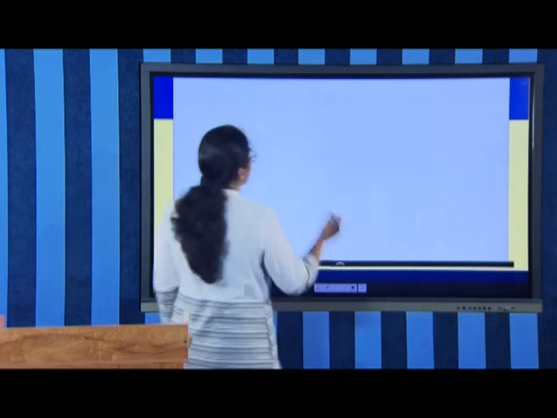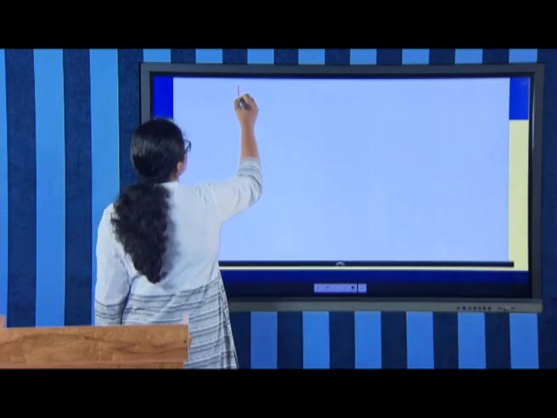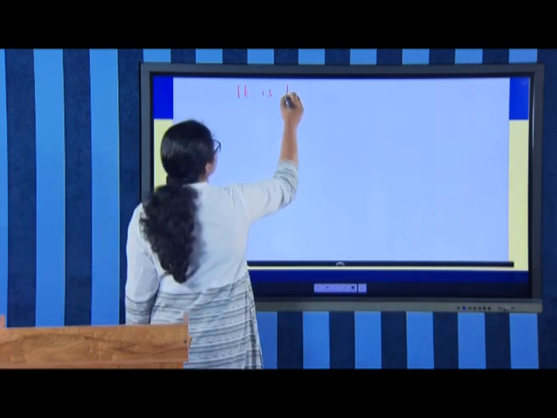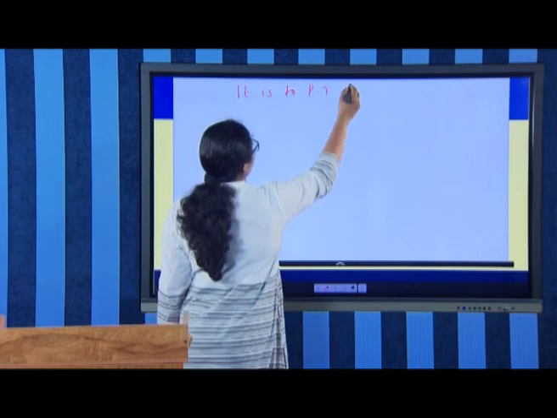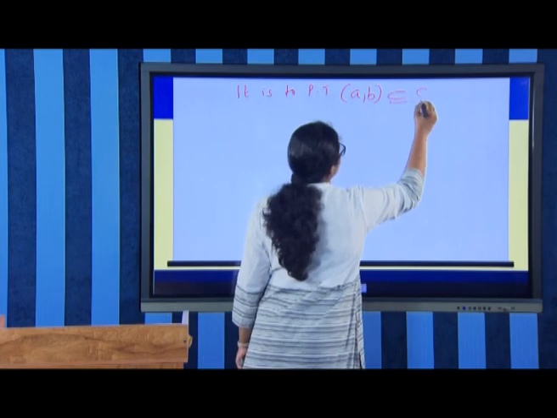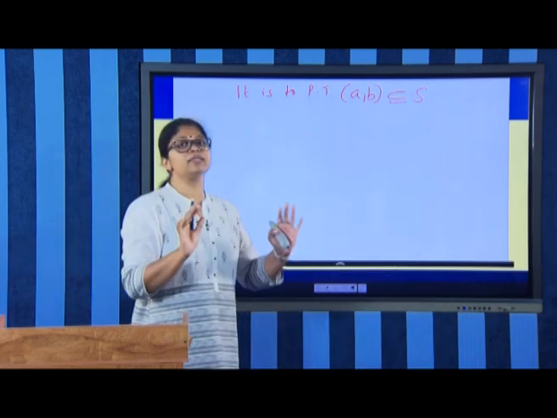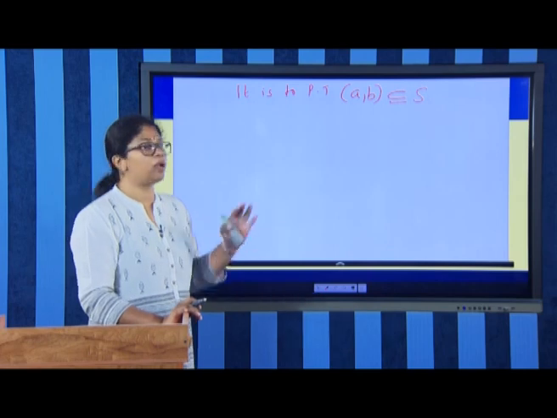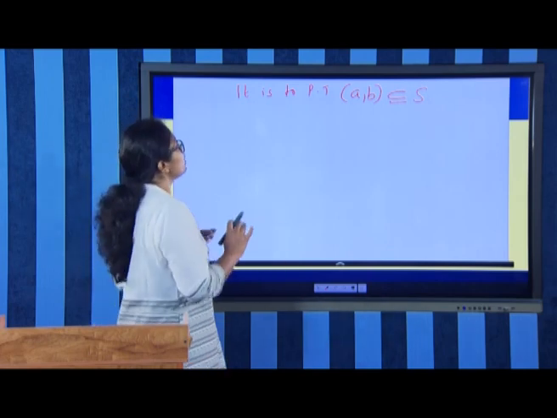Now, it is left to prove that the open interval (A, B) is contained in S, because we need to show that S is an interval only, whether it is a closed interval, open interval, whatever it be, we are not bothered.